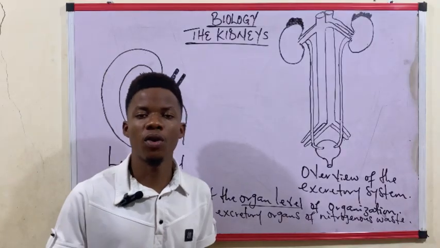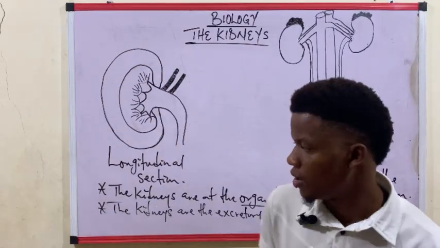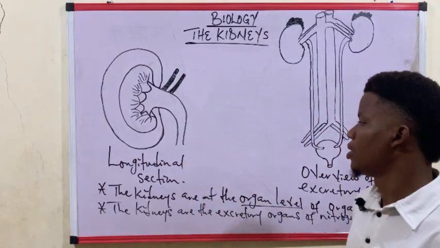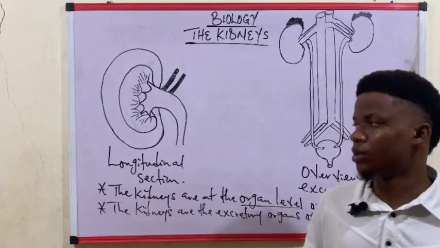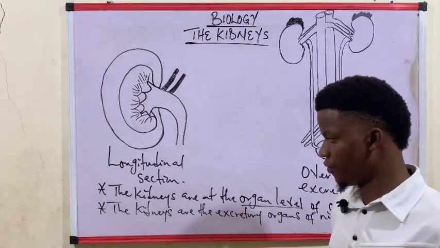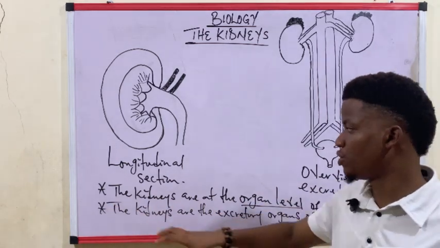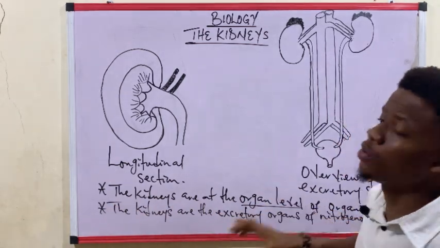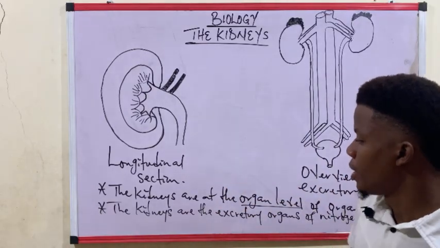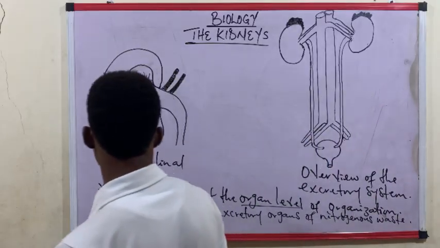So the organs that are involved in the removal of nitrogenous waste in the case of vertebrates like man, right? So not only man, you have kidney for excretion in vertebrates in general. Vertebrates use kidneys for excretion. But we're going to restrict our attention to man, right? That's what we are doing here. So the kidneys are the excretory organs of nitrogenous waste.